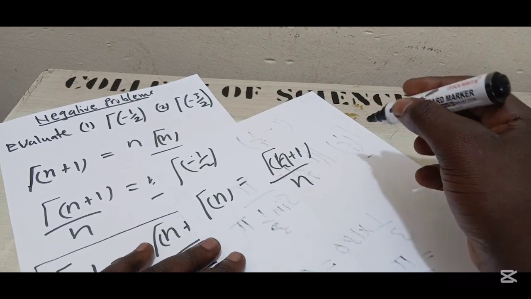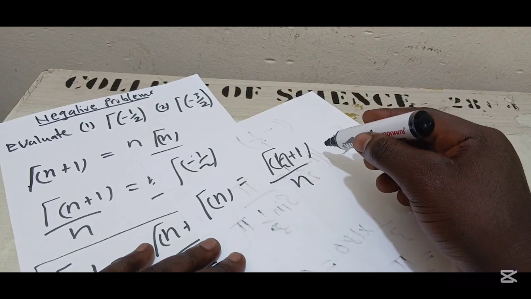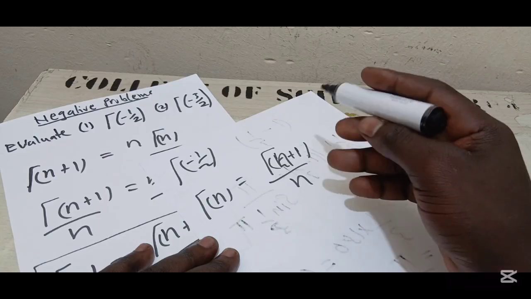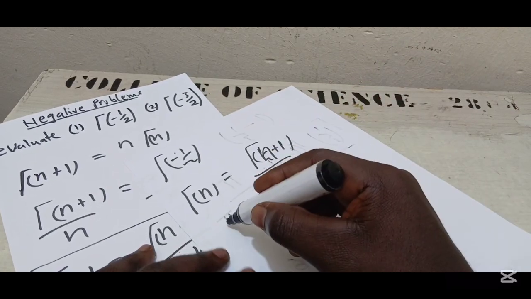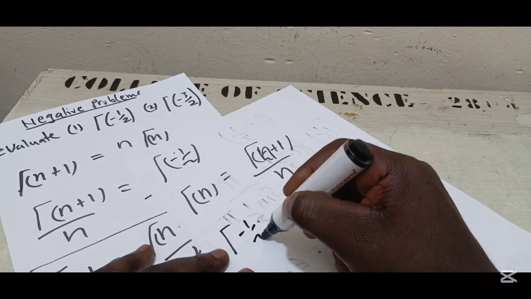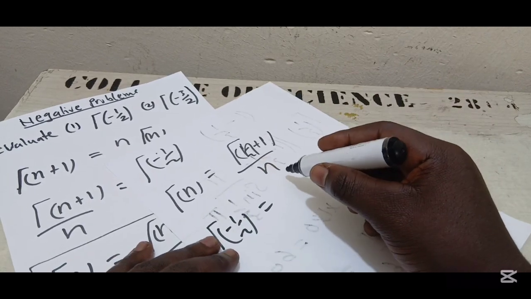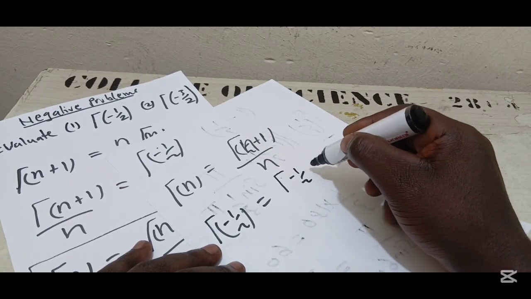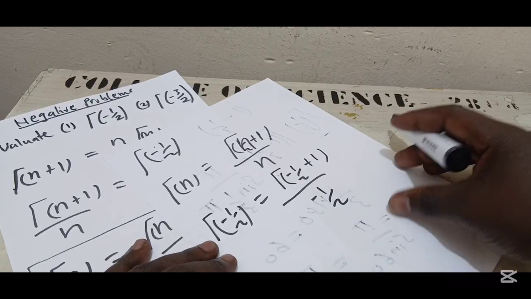Don't let this confuse you. When we are dealing with negative numbers, just follow this procedure. Make sure you use this formula by making gamma n the subject in the formula that we use for fraction problems. So now our n equal minus half, right? Wherever we see n, we replace it by minus half. So we have here gamma of minus half plus 1 all on minus half, right?